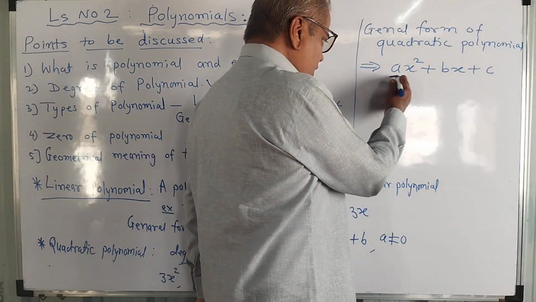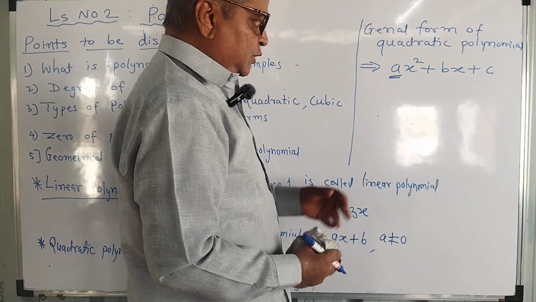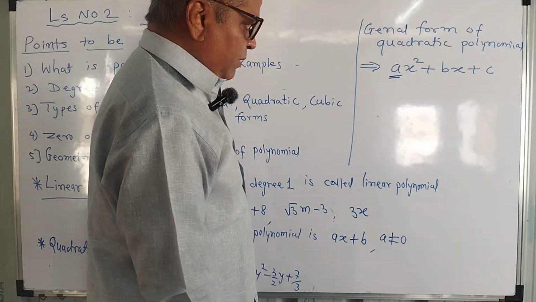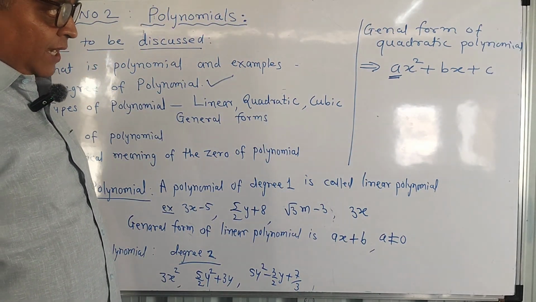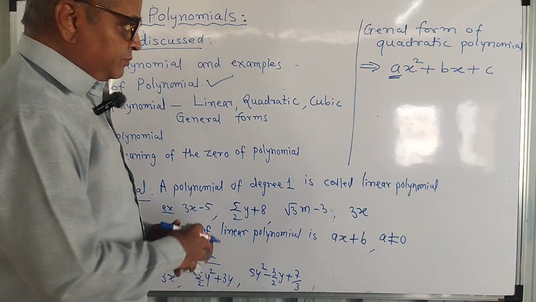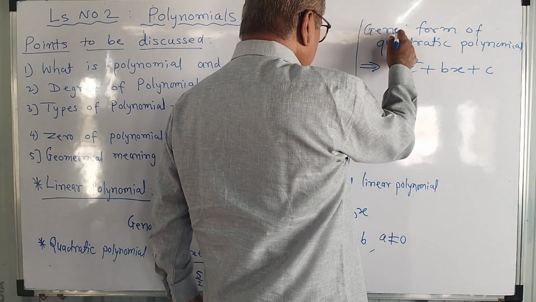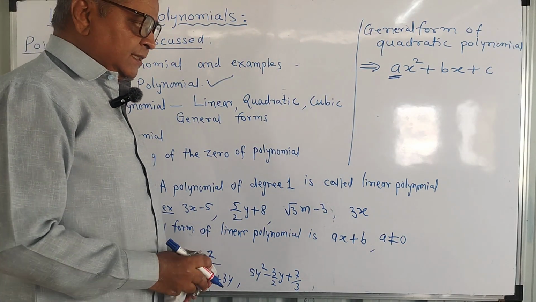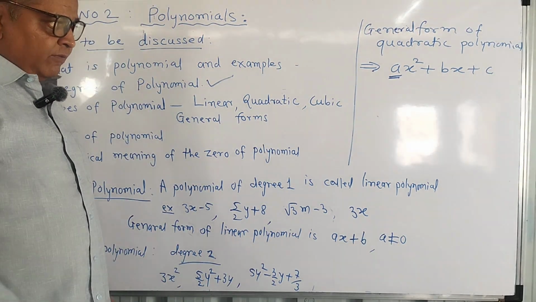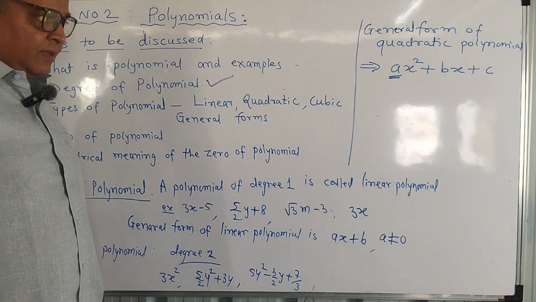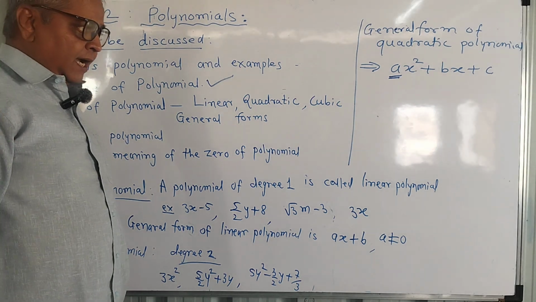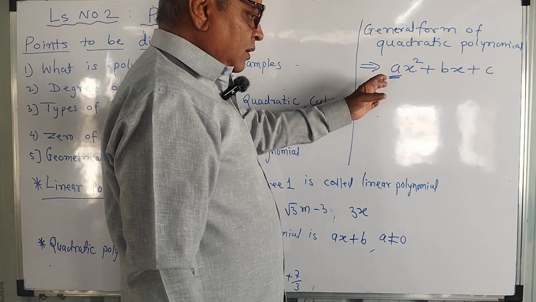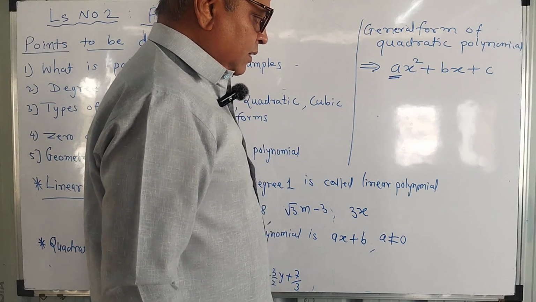But here a should not be 0. If a is 0, then ax square becomes 0, and now it will not be a quadratic polynomial. Therefore, we can finally say the general form of quadratic polynomial is ax square plus bx plus c, where a, b, c are any real numbers and a should not be 0. This is the general form of quadratic polynomial.